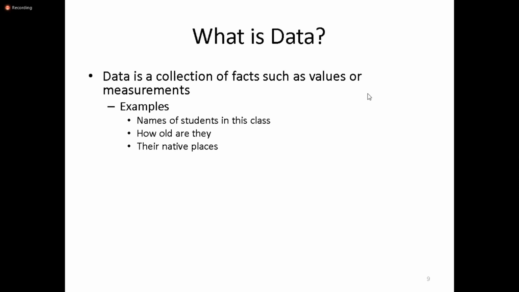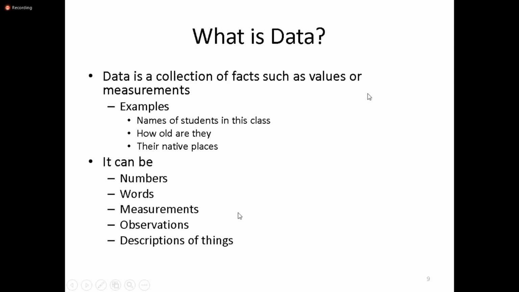For an example, as I already told you, names of students in a class where you want to prepare a t-shirt, or where you want to go on a batch trip, then you may have a list of names of students in your class, and for another reason you may get their age as well and their native places, and likewise you can collect many data related to a particular context.